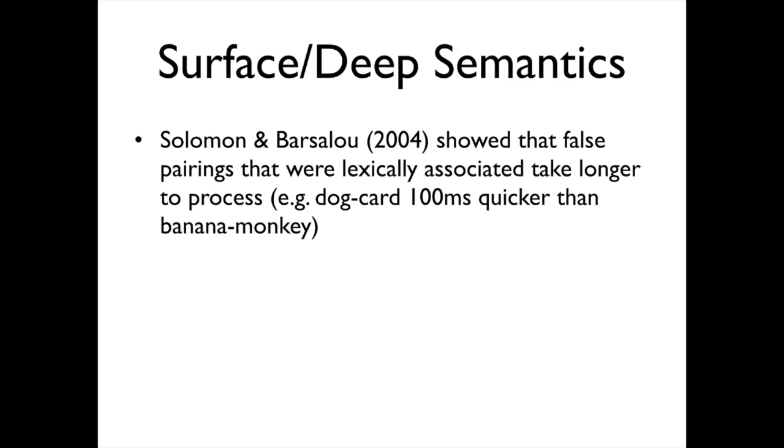The idea here is that the concepts of dog and card are very far apart, and so we can use our surface semantic space to make a comparison and quickly arrive at a solution. But banana and monkey are actually quite close together in our surface semantic space, because bananas and monkeys are conceptually related in all sorts of ways. But monkeys are not a feature of bananas, right? And so the correct answer is no, but we would have to do some dereferencing.